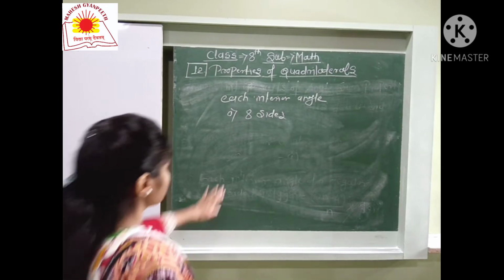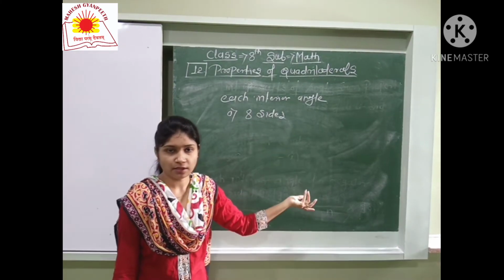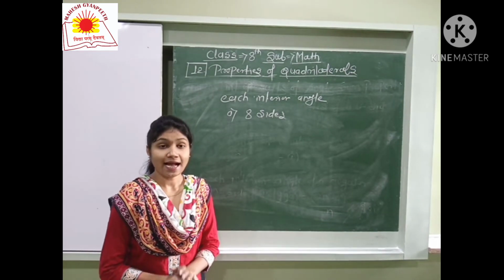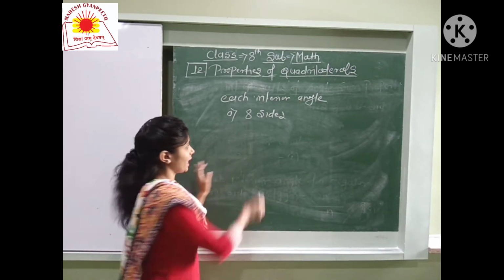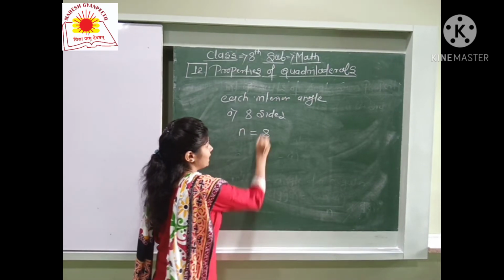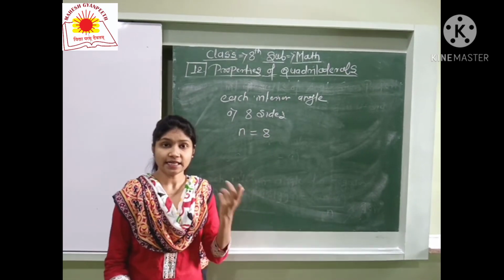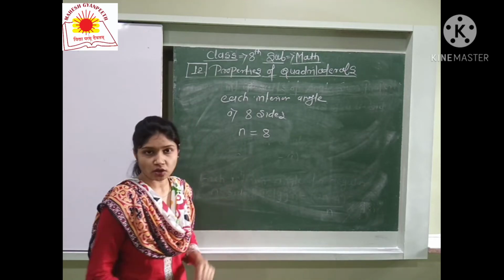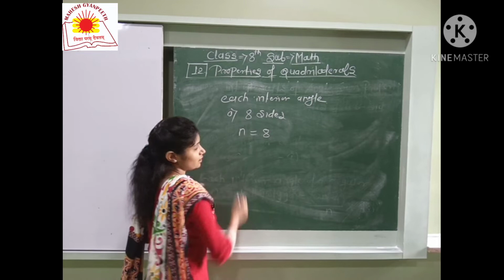Okay, we will get this type of general example. We have to find each interior angle, and the value of n is given: 8 sides, 7 sides, 6 sides, any. Use the formula, put in the value and solve it. So what is the each interior angle formula?